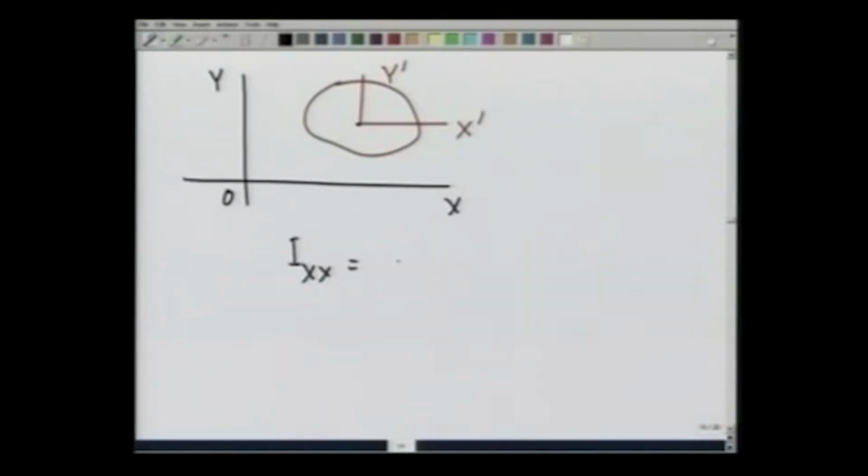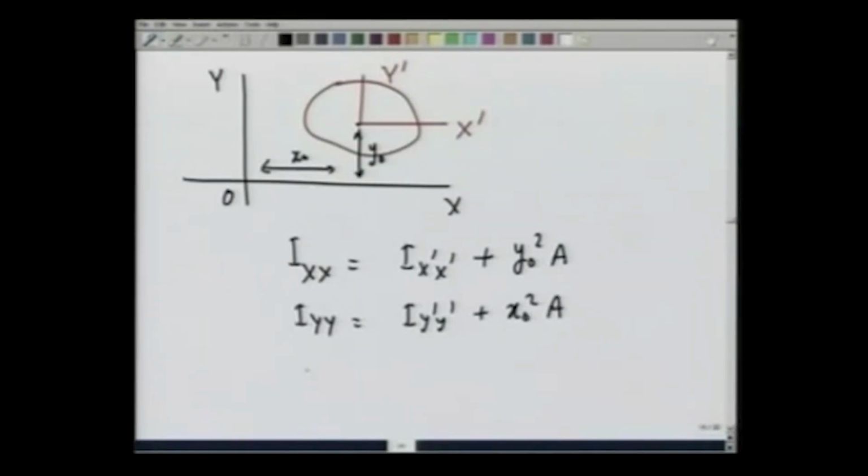Let us summarize these. For an area whose second moment and product of area are known about the axis passing through the centroid, I have in general I x x equals I x prime plus y 0 square times the area, where y 0 is the y coordinate of the centroid, I y y is equal to I y prime plus x 0 square times the full area, and I x y equals I x prime y prime plus x 0 y 0 times the entire area.